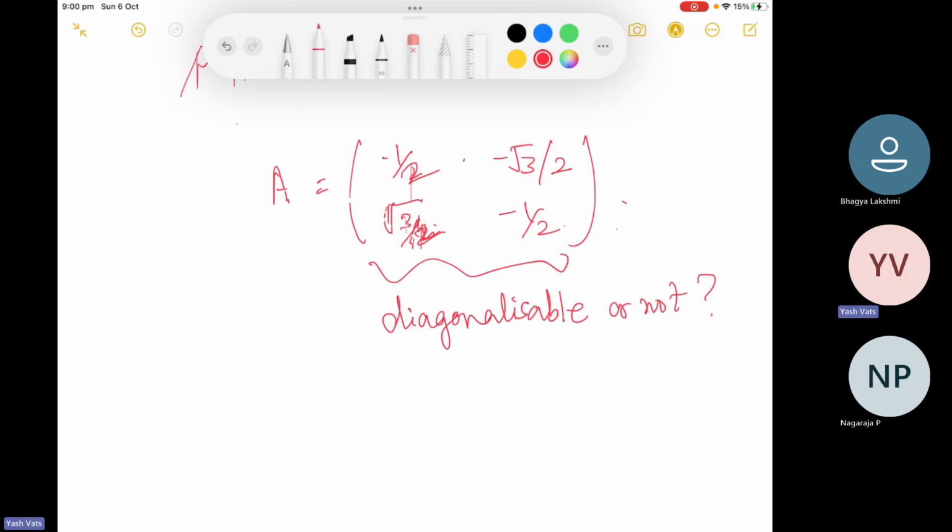I think it is identity. You can check it is identity.